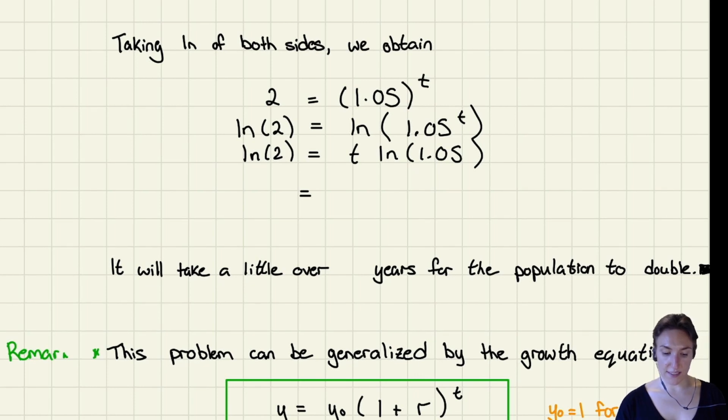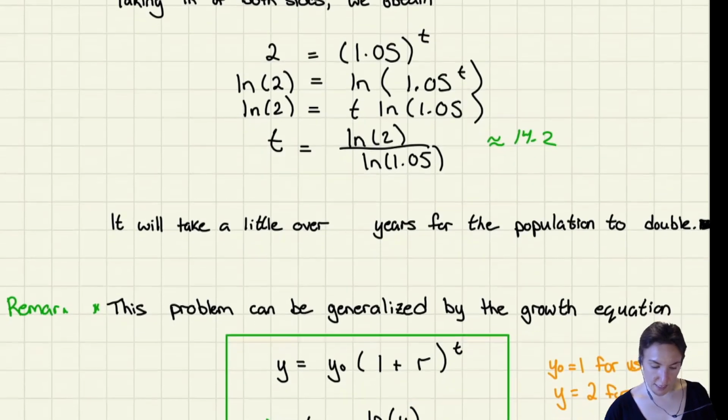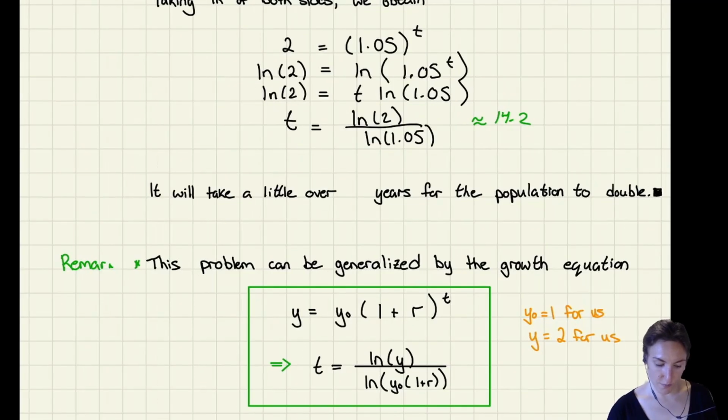Now I just have to isolate t. So t = ln 2 divided by ln of 1.05. If you plug this into the calculator, you're going to get 14.2 and so on. So what does this actually mean, the punchline of this question? It will take a little over 14 years for this squirrel population to double.